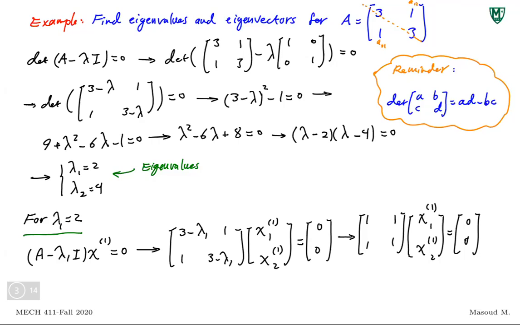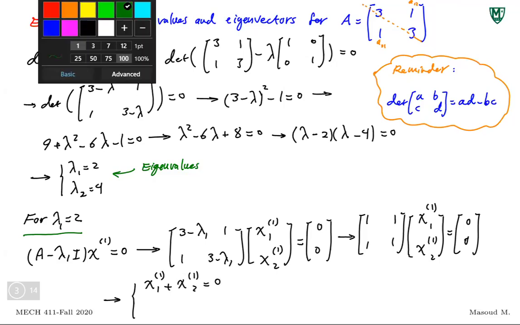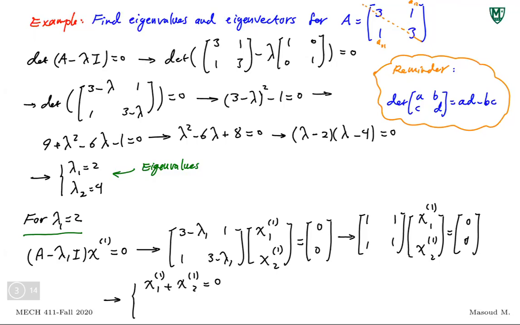What does this give me? It gives me two equations. I'm looking for x1,1 and x1,2, two elements of the first eigenvector. If I write it, x1,1 plus x1,2 is equal to 0. The first row, I'm multiplying the first row with the column. It's a multiplication of 2 by 2 and 2 by 1.